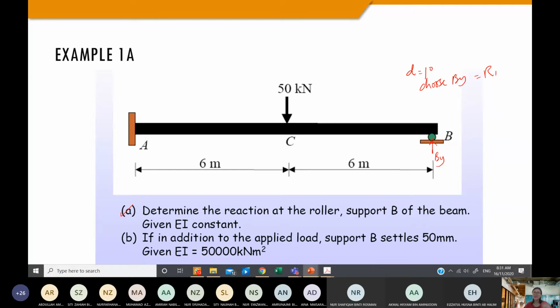If you decide to choose, let's say, MA as your redundant, there is no problem. After you have obtained your MA, you form the equilibrium equation for the real structure, put MA back with your result, and then solve for your BY. So let's have a look at the process.